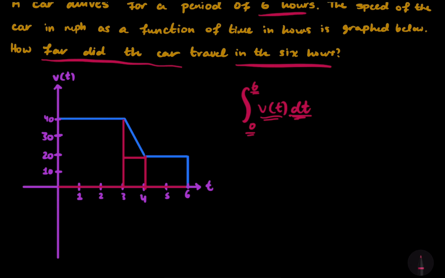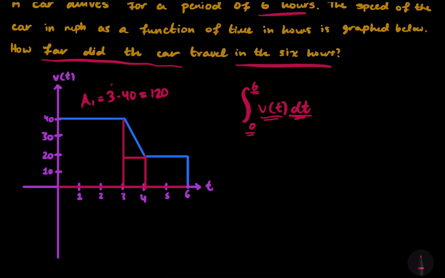So this first area over here, from time t equals 0 to t equals 3, looks like a rectangular shape. The base is 3, and the height looks to be 40. I'm going to call this area A1, and it's going to be 3 times 40, because the area is given by base times height, or length times width, which is equal to 120.